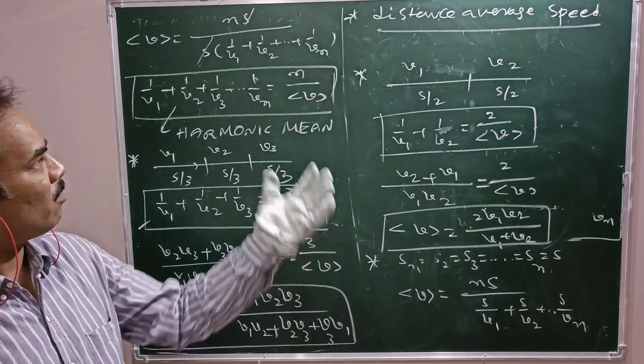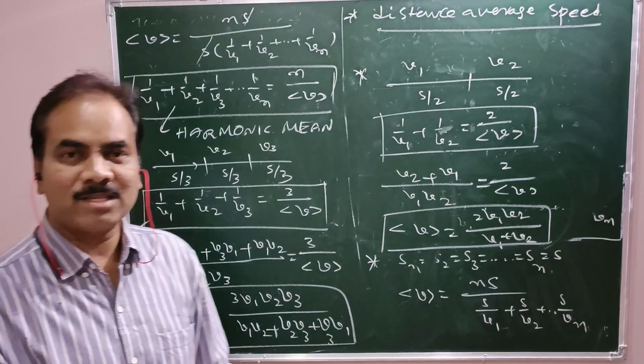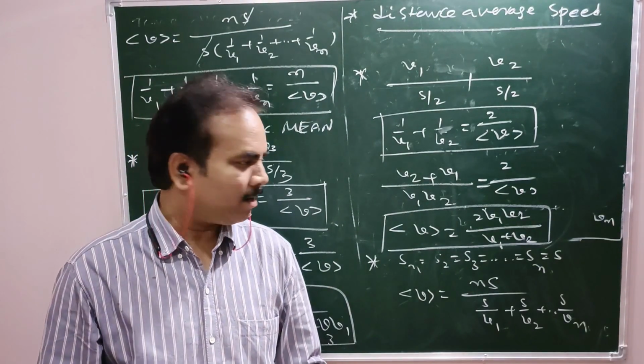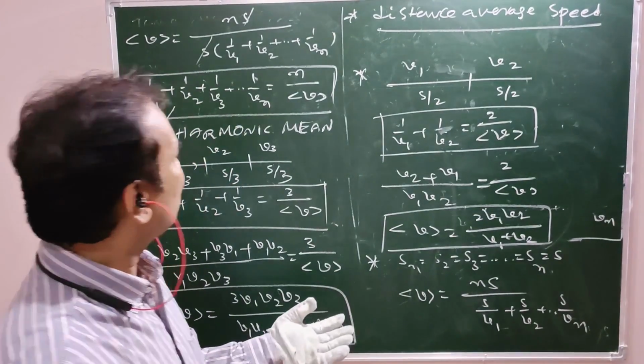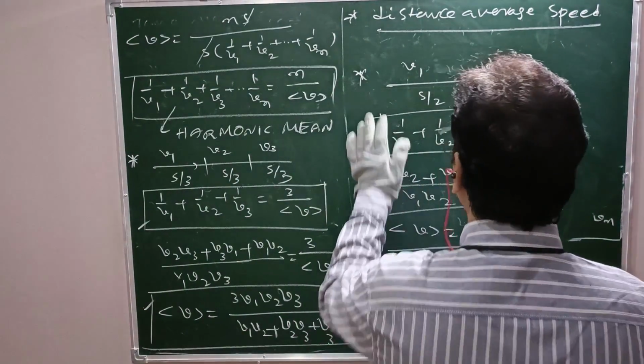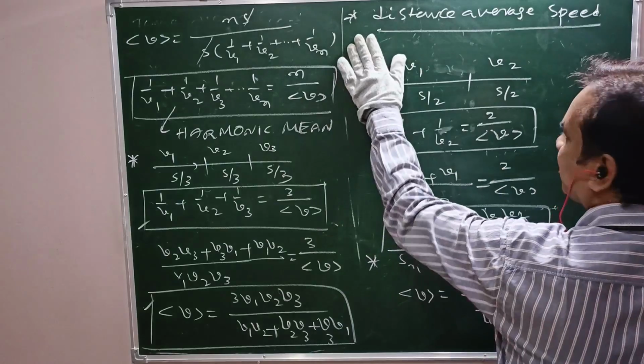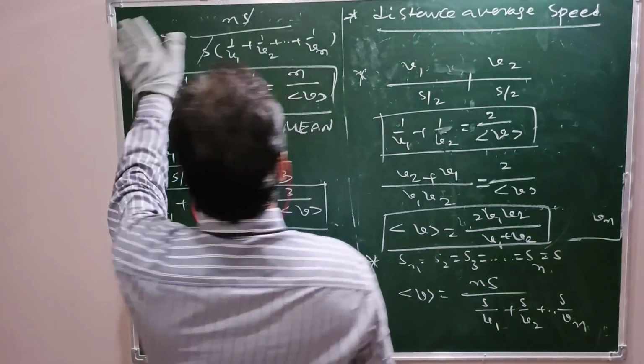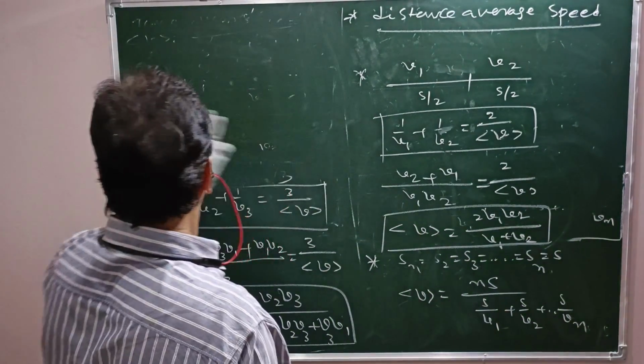This is about distance, average speed, and previously time, average speed. Let us move on to numericals.